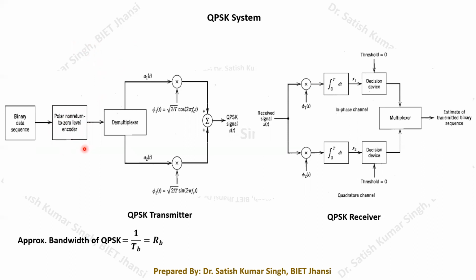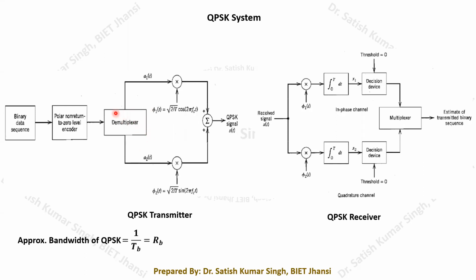So this has to be converted into polar non-return to zero signaling, and then demultiplexed, because first of all we have to take the combination of 2 bits. So we take the first bit over here and then the second bit at this point.